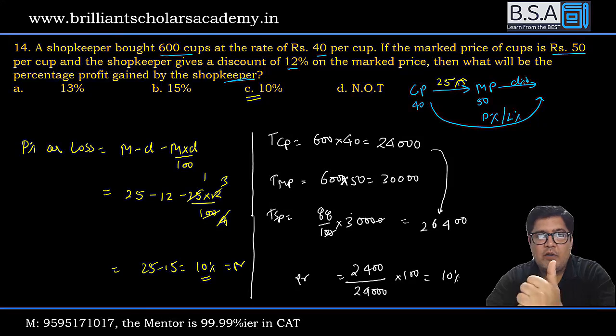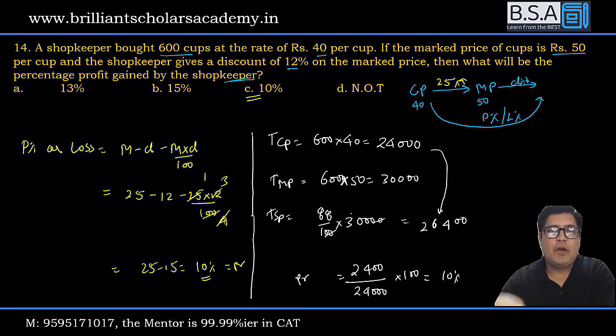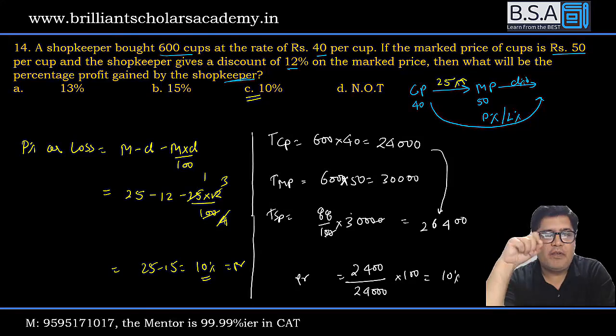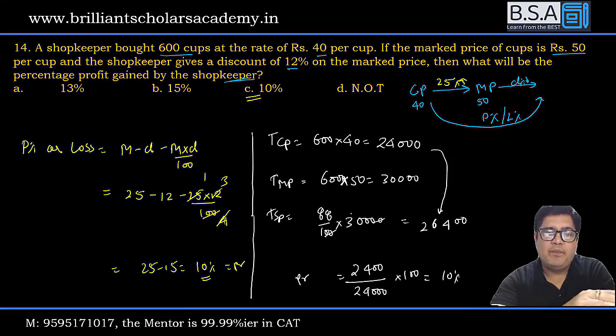So we've talked about x plus y plus xy upon 100. That is called successive percentage change. In this case, from 40 to 50, you performed a markup. That markup is worth a 25% increase. So 25% markup, then you offer 12% discount. So it becomes a formula: successive markup minus discount minus markup into discount upon 100.